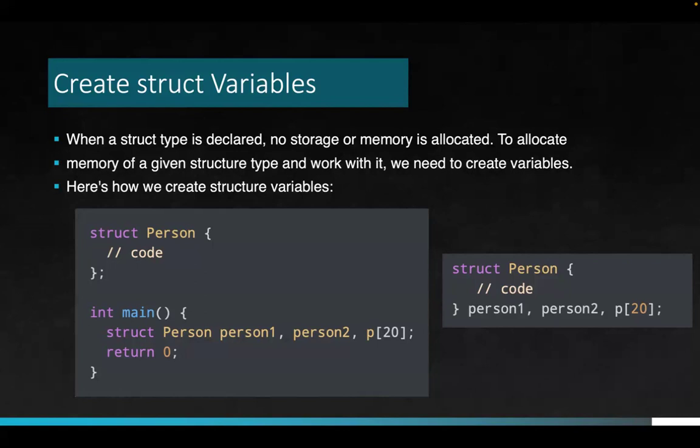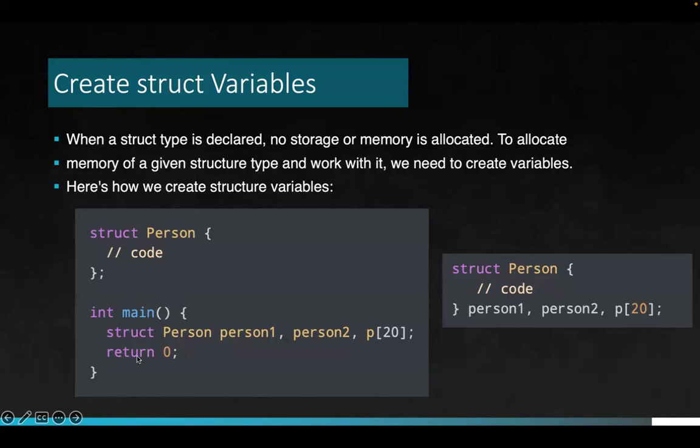To allocate the memory, you need to give a structure type and how to work with the variables. So there are several ways to do it. Struct keyword and person, you can declare without any declaration also. Another format of doing it is you have declared it here, but the variables you can declare inside the main function as well.